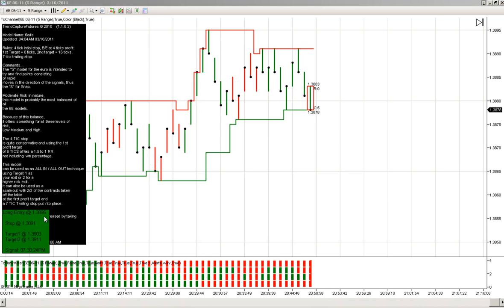So in that situation, for example here, 38.95, you could put a limit order in at 38.95 to go short or long, whatever it is that it's telling you, and then wait for the market to come back and fill you.